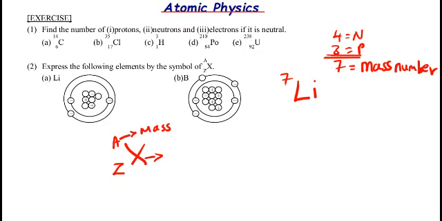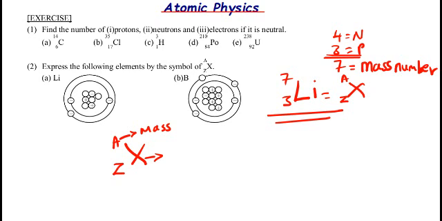We have 3 protons, so you just write a 3 there like that. That is your notation. This is equal to, in the form of X, we have A and Z there. Now X is Li, A is 7, Z is 3 there. So that's what you do.